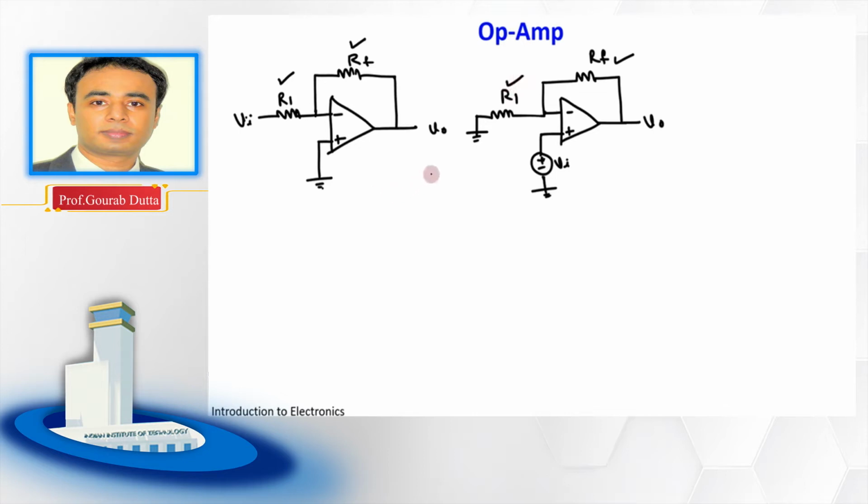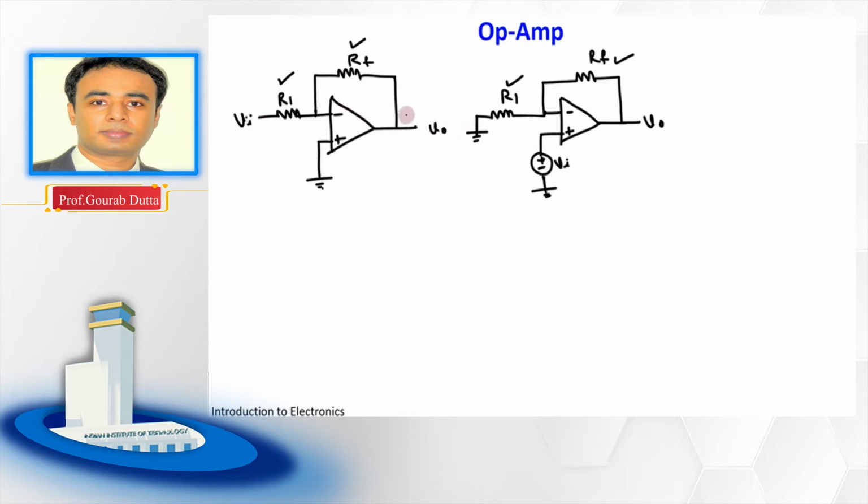So now think what will happen if we do not use these resistors, but rather we use some other circuit components or electronic components. Then what will be the relation between this input and output? Using these resistors, we have already derived the relation between this input and output, the gain of these amplifiers.